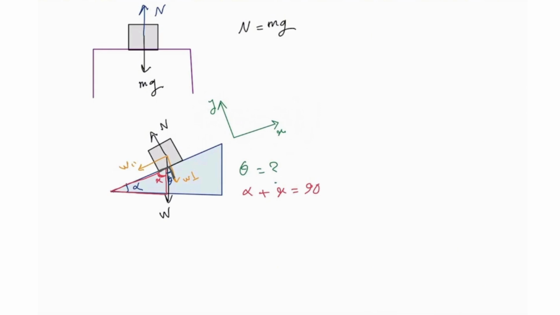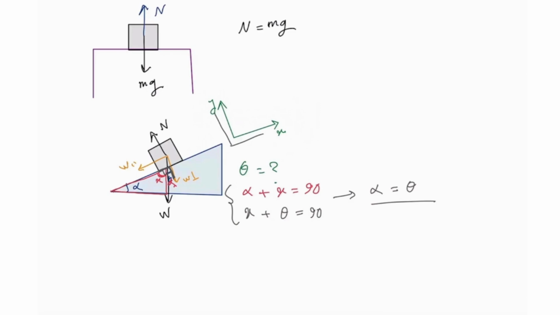Because this is the direction that we chose our coordinate system to be. So this is also 90 degrees, which means x plus theta is equal to 90 degrees. And if we solve these two equations, that would give us alpha is equal to theta. So this angle is actually alpha that we already have.